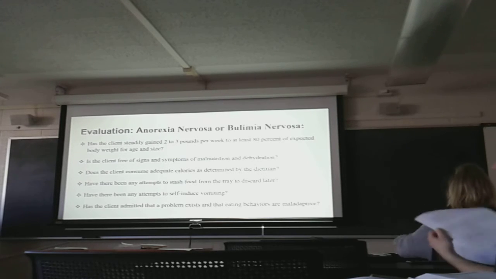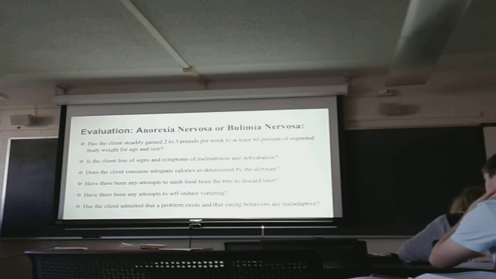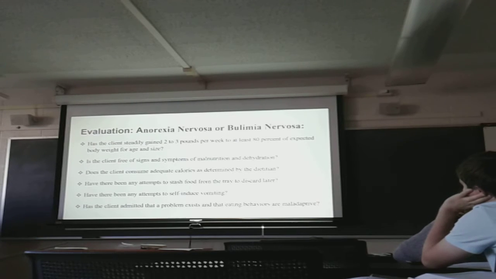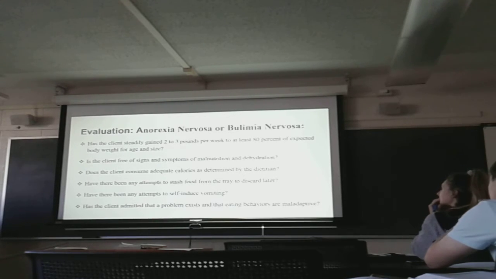I bring up the evaluation because these are the keys: have they steadily gained 2 to 3 pounds per week, or at least 80% of the expected weight? You don't want them gaining too fast. One, it'll cause them anxiety, but also it's not healthy for them.